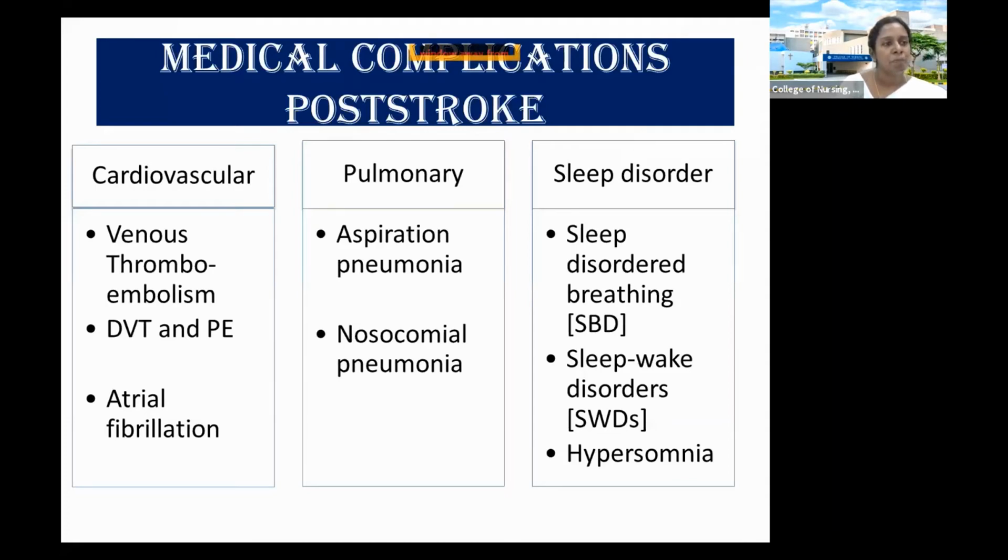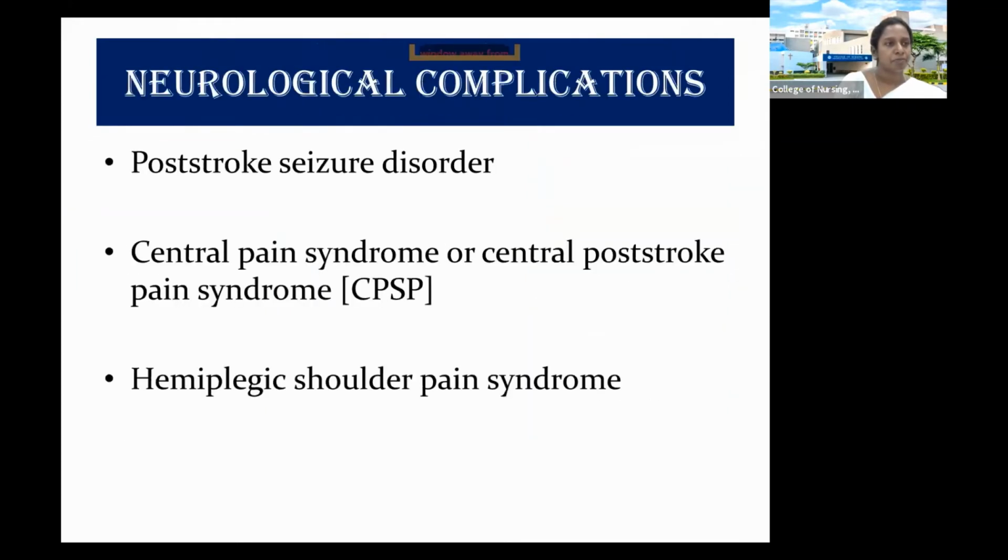Under pulmonary complications, we have aspiration pneumonia, because if patients have dysphagia and they have risk of aspiration, they can end up with aspiration pneumonia or nosocomial pneumonia. Under sleep disorders, patients can have sleep disordered breathing and sleep-wake disorders.